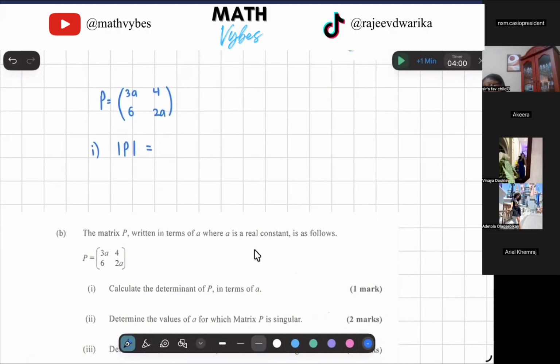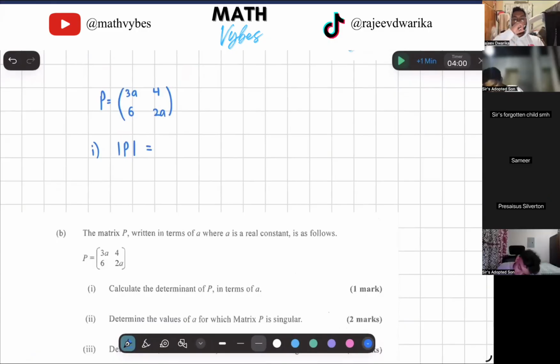And how would I find the determinant? It will be like 3A by 2A, right? Minus 4 by 6.